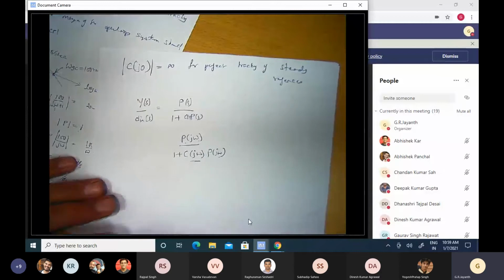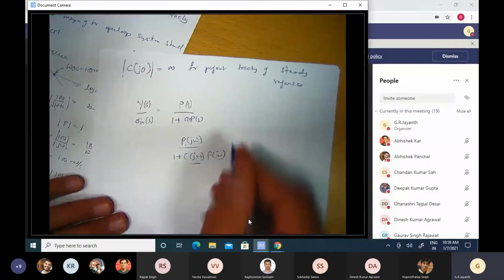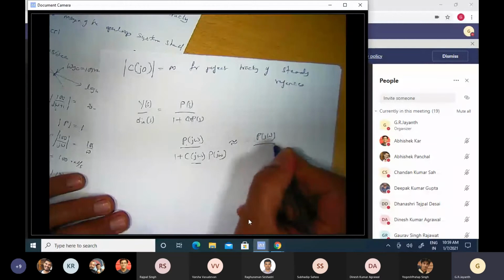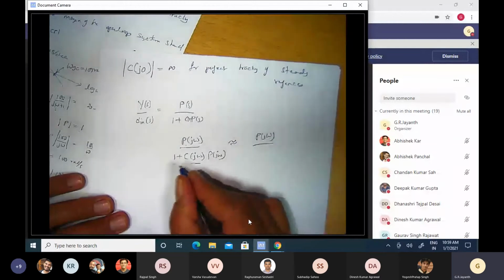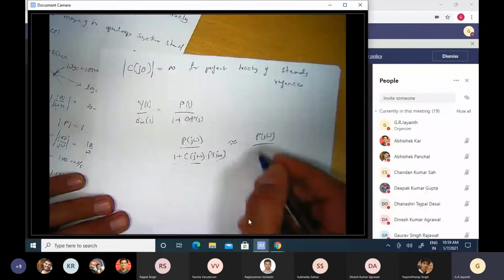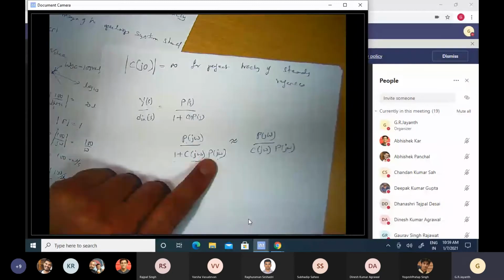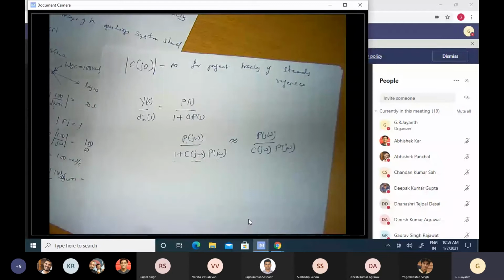Now this controller gain, let us say, is also reasonably high, in which case I can approximate this as P of j omega divided by, I can replace the denominator 1 plus something with just C of j omega times P of j omega itself, because the plant's gain up to 5 radians per second is actually quite a large number. It's around 100.